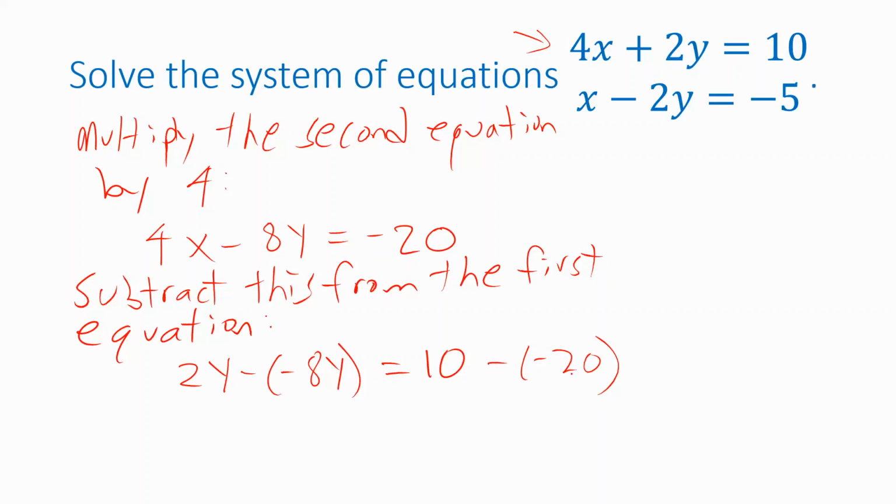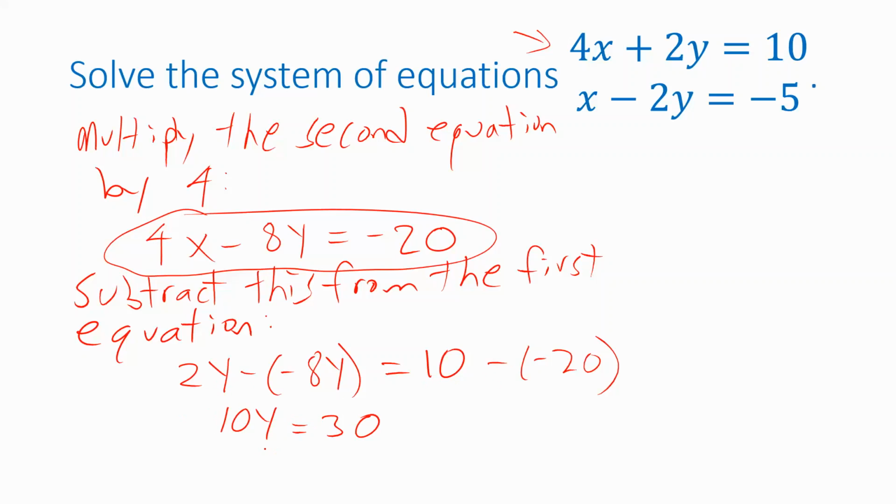So be careful here, we're subtracting our new equation from the original first equation. So I'm subtracting 4x from 4x, I'm subtracting negative 8y from 2y, and so on. Now we can simplify. 2y minus negative 8y is 10y. 10 minus negative 20 is 30. So y is 3. That's good.